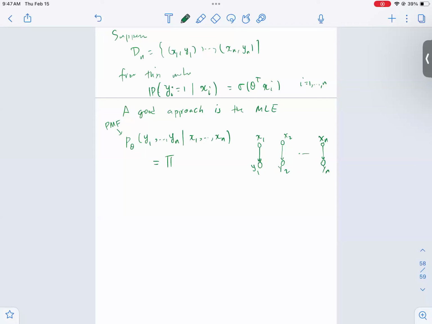Okay, good. Product of i from 1 to n. I'm going to use the same notation. It's not too kosher from a mathematical perspective, but this is the marginal distribution of y given xi. I have these marginals, I multiply them, and I get the joint. This factorization is because of the independence assumption.